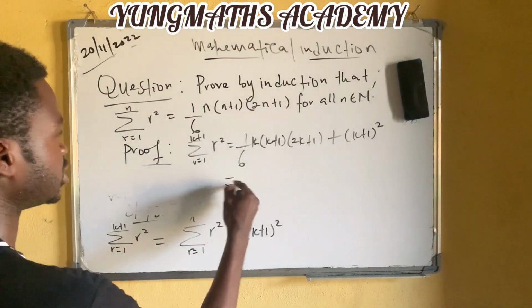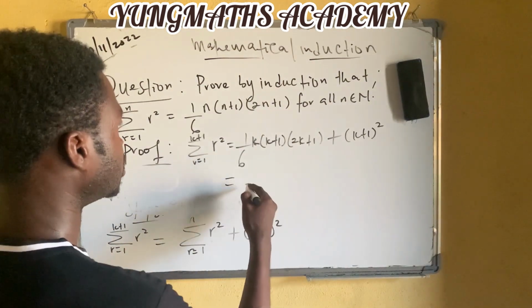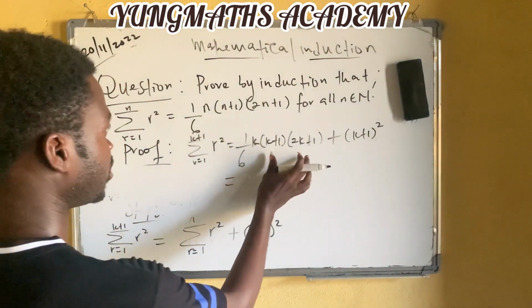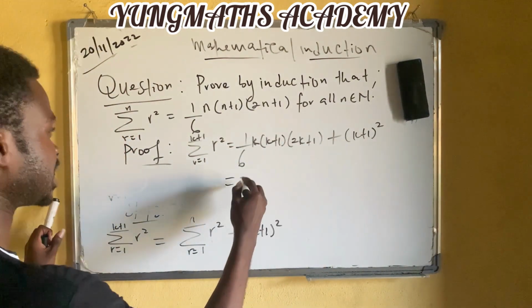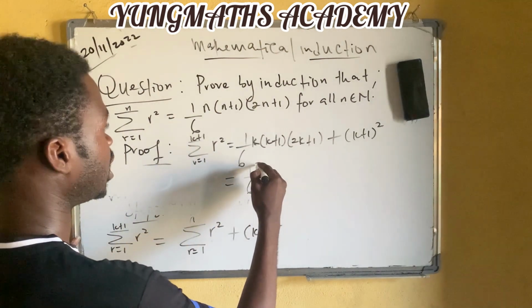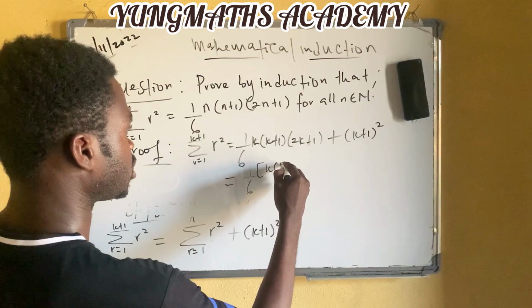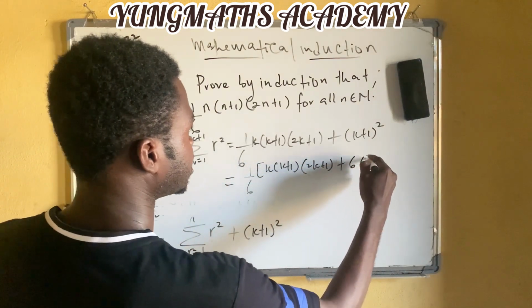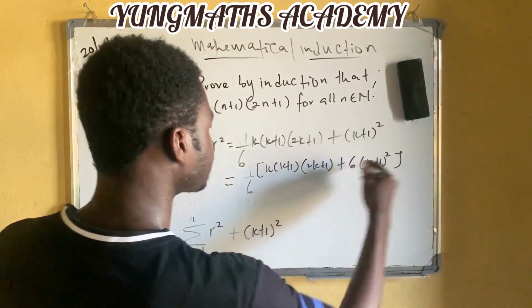Okay, so this is equal to, now I can take the LCM of this expression, so that I have 1 over 6 into k plus 1, 2k plus 1 plus 6 times k plus 1 squared.